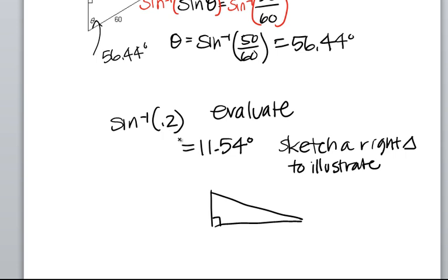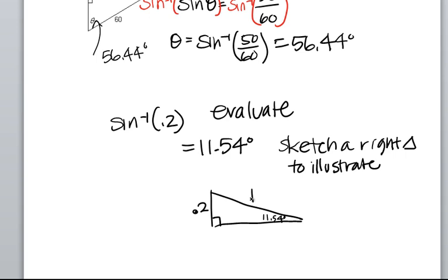What angle is it? It's 11.54. So this is my 11.54 degree angle, and my opposite over hypotenuse has a 0.2 ratio. So I can say that this is 0.2 and this is 1. If I wanted to, I could say this is 2 over 10. It just has to be that my opposite over hypotenuse is equal to 0.2.